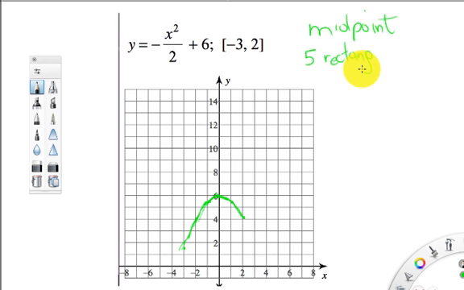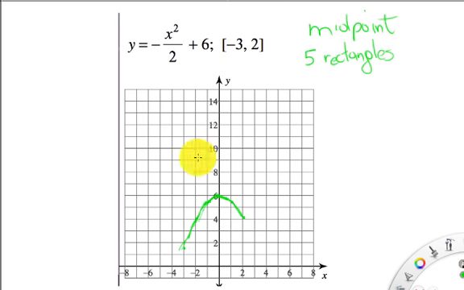So all this is saying is that I'm going to use the midpoint of each unit. For example, these are going to be my widths, right? Each width is going to be a unit. And what I'm going to use in essence is the midpoint of each width, of each little base of the rectangle.